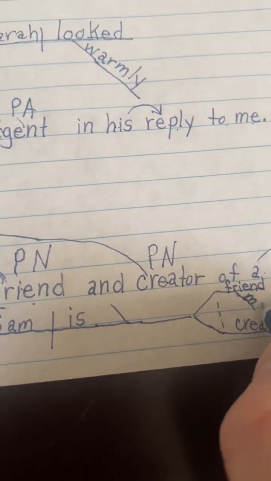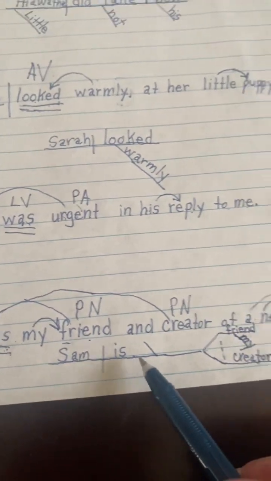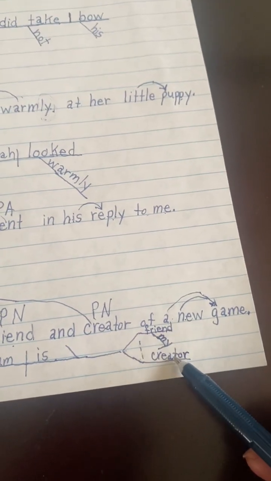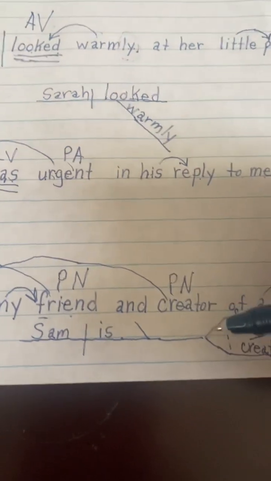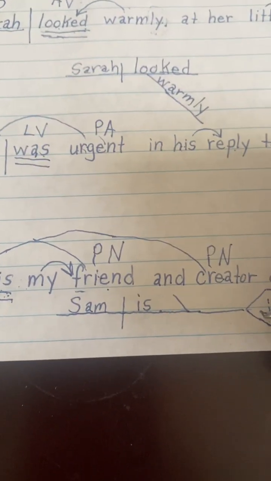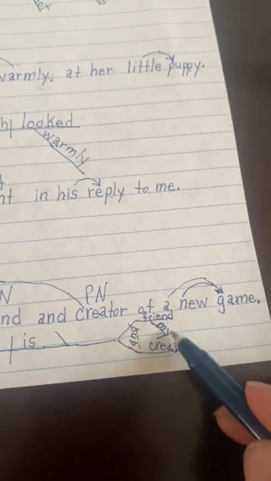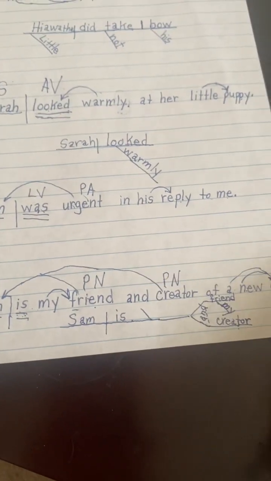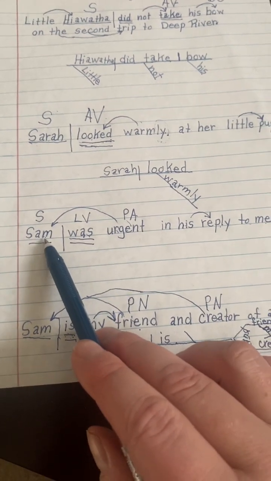My, see there? Sam is friend, creator, my friend. And I've told them that they can put the word and here when it's joining these two words. Okay?